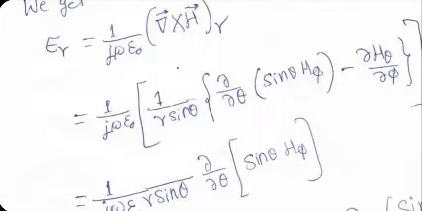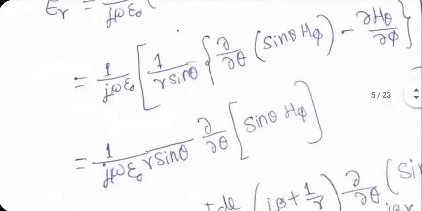And I'm reusing the formula for curl. So second component goes to 0 because H theta is 0 or even d by d phi is 0. Whichever way you want to do it, you will get second term disappearing. The first term does not disappear because H phi is not 0.